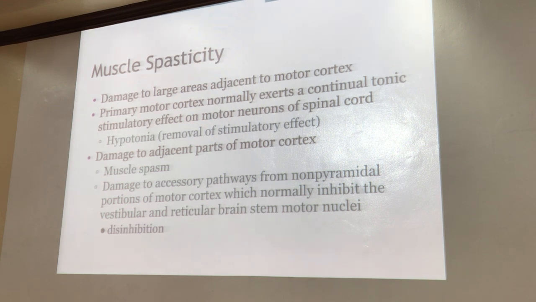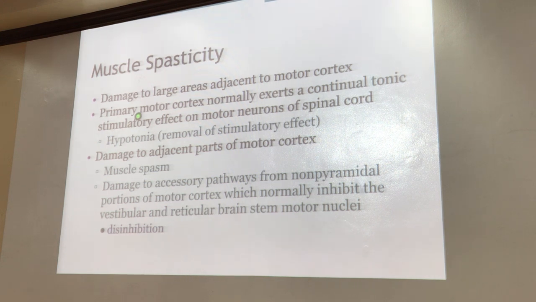Okay? Ibig sabihin, pag may lesion dun sa upper motor neuron pathway, primarily, if there is any damage to the motor cortex, okay? And this is because the motor cortex exerts a tonic stimulatory effect on the motor neurons of the spinal cord. So di ba kanina nakita natin yung anterior horn cell, meron siyang continuous tonic stimulation from the higher pathways.